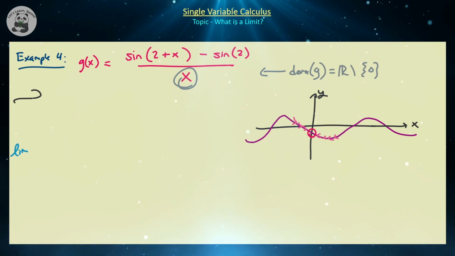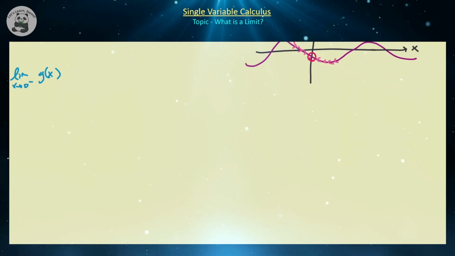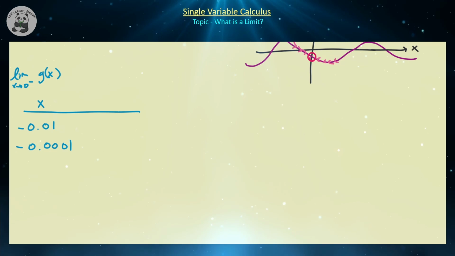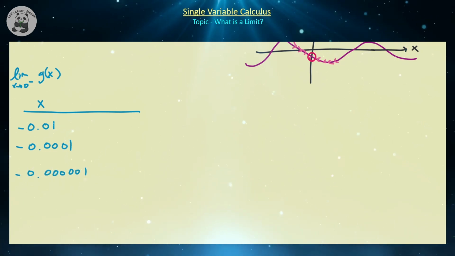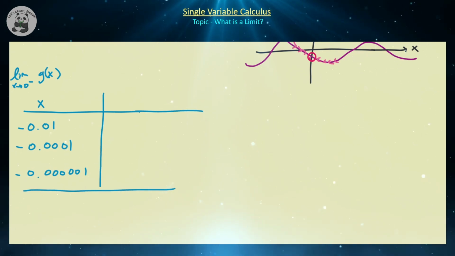So for the limit as x approaches 0 from the left-hand side of this function, what are we going to do? Well, we're going to pick numbers that are close to 0, but on the left-hand side. So I'm getting a little bit more precise than I did with the last example, just because this function may appear to be a little bit more odd than before.